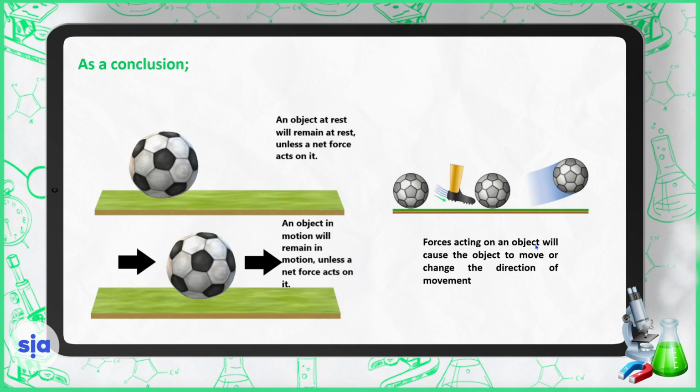As a conclusion, an object at rest will remain at rest unless a net force acts on it. And if the object is in motion or moving, it will remain moving unless a net force acts on it or stops it. Forces acting on an object will cause the object to move or change the direction of movement as well.